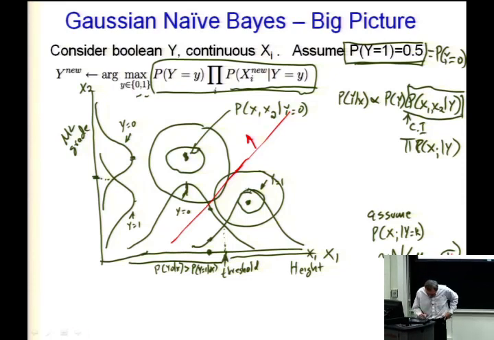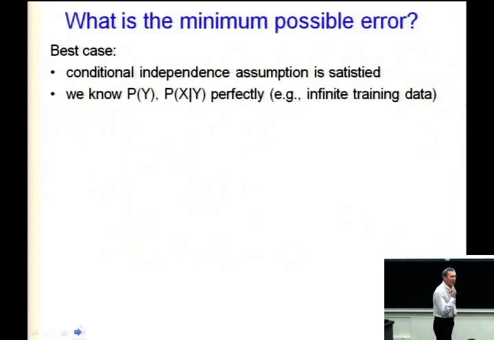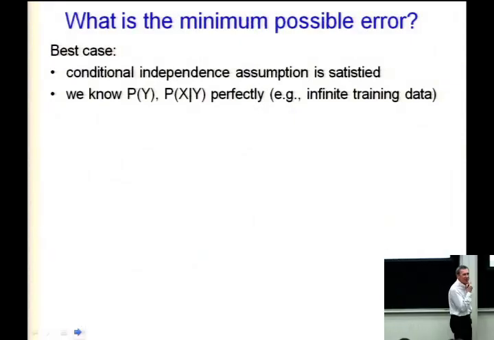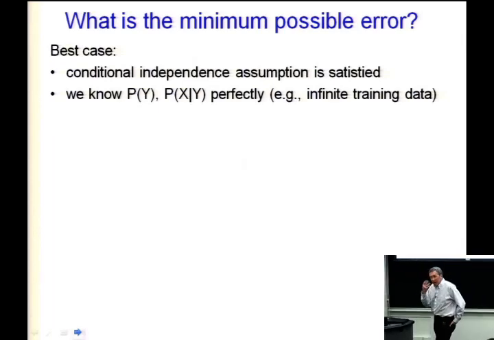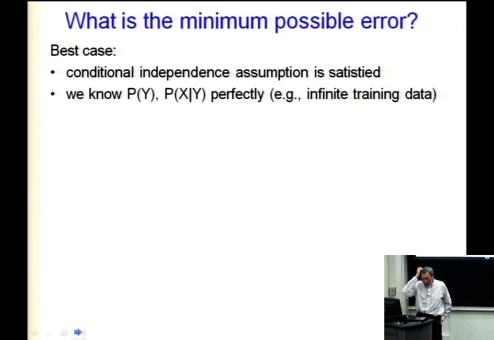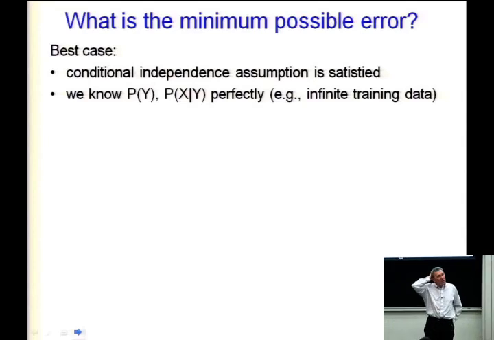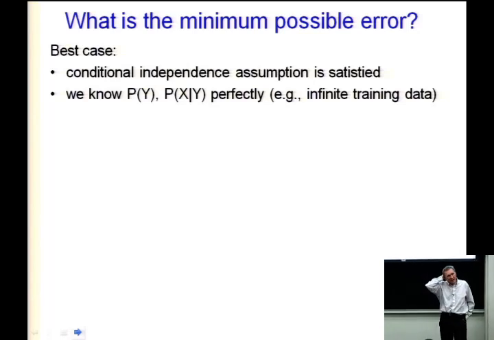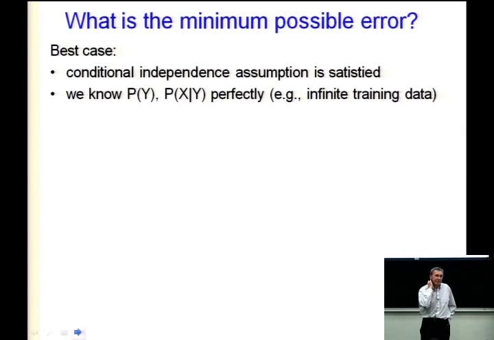Okay, now there's one more aspect of this. A question I want to ask you to test your understanding. Given that we all understand that big picture, now you should be able to answer the question, well, if we have the best case scenario, what is the minimum error that a perfectly trained naive Bayes classifier can make?